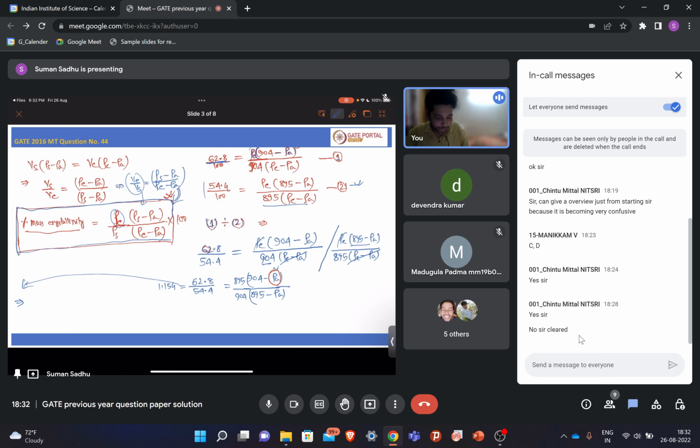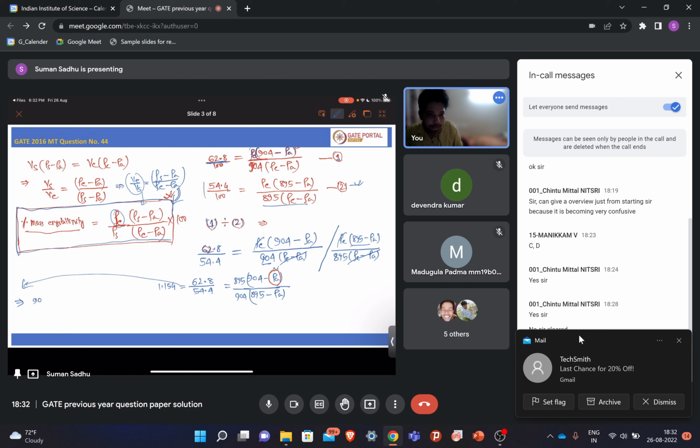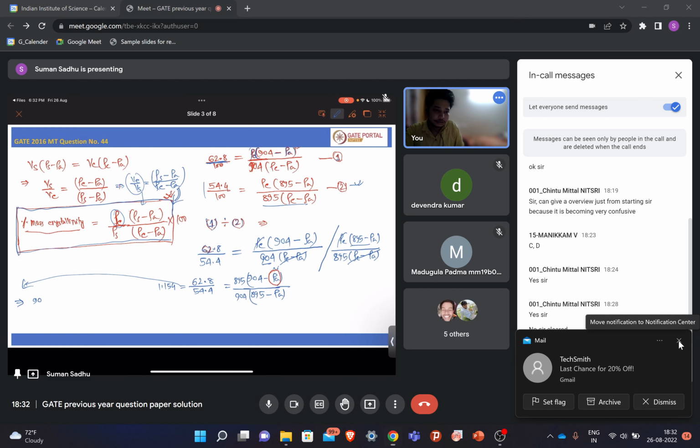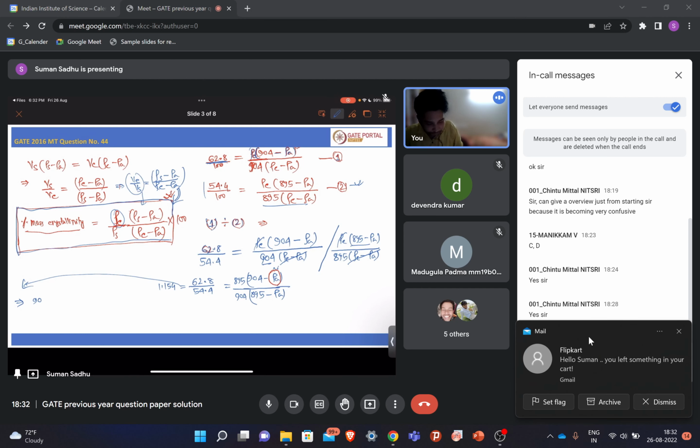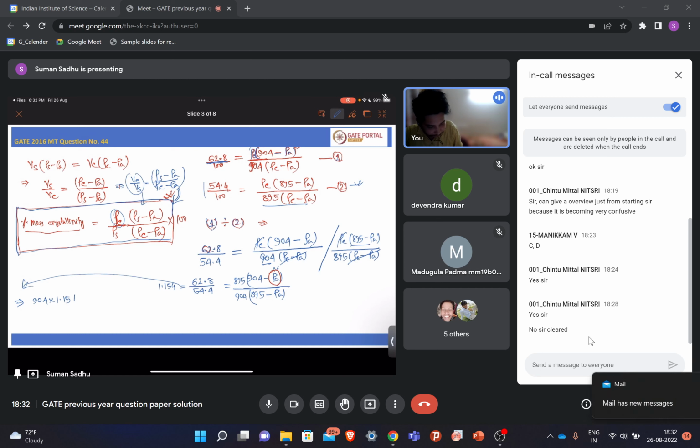Okay, let's say it is 1.15, and then if we simplify this equation, we'll get 904 into 1.15 into (895 minus rho a) is equal to 895 into (904 minus rho a).